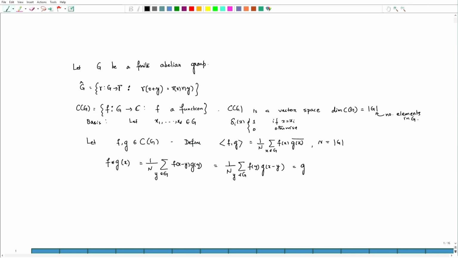This is also because we are taking this as an abelian group.